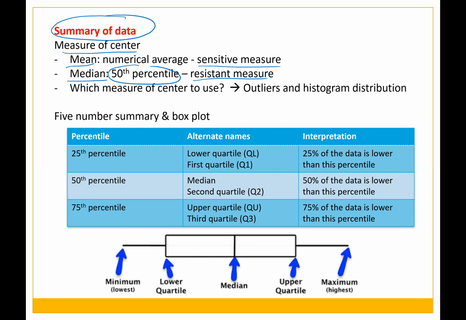The value of the outliers doesn't really matter, it's just the order. That's why we say the median is a resistant measure. Which measure to use depends on your distribution. As I said, if you have outliers, obviously the median is a better representation. But if you have a symmetric, nice histogram distribution, you can feel free to use the mean.